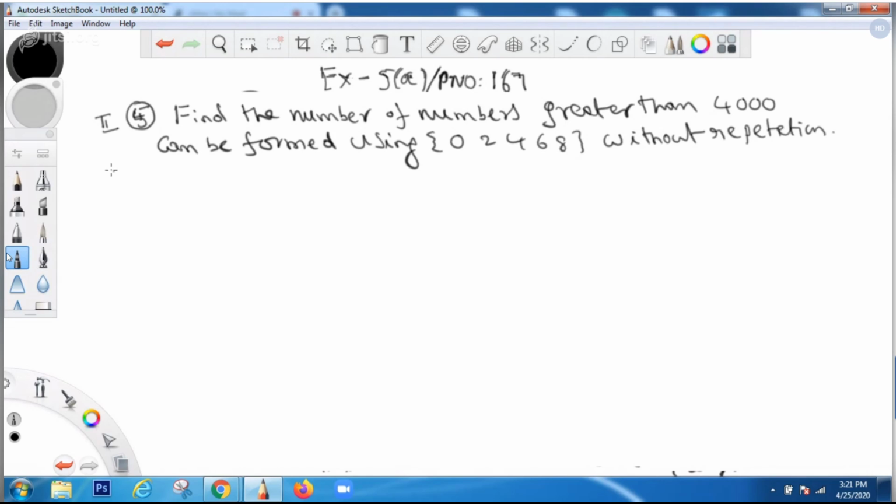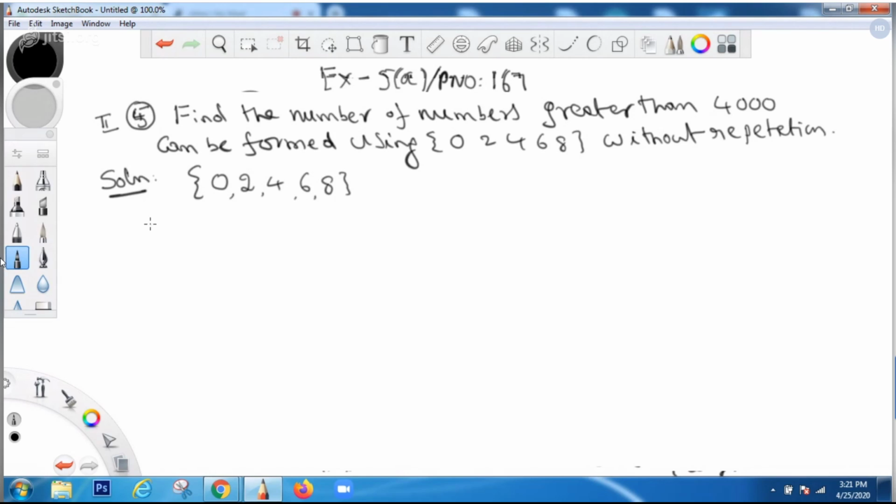For this we have to find a solution. Now the numbers which are given to us are 0, 2, 4, 6, 8.